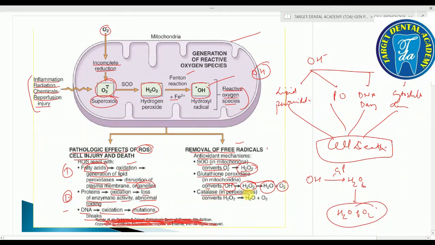The catalase in the peroxisomes converts the H2O2, which gets split from H2O2 into water and oxygen.